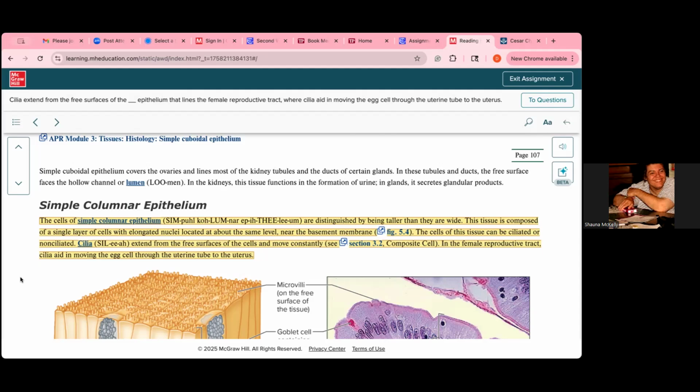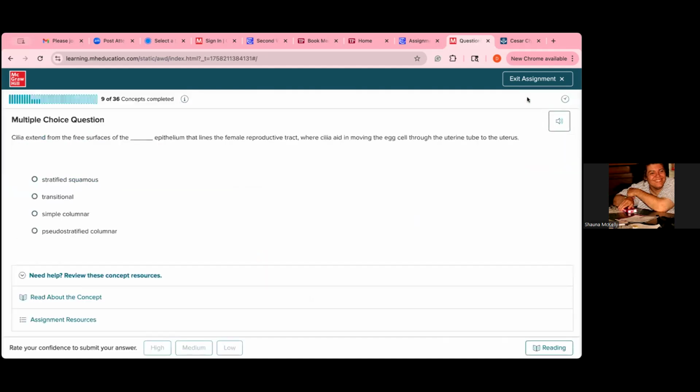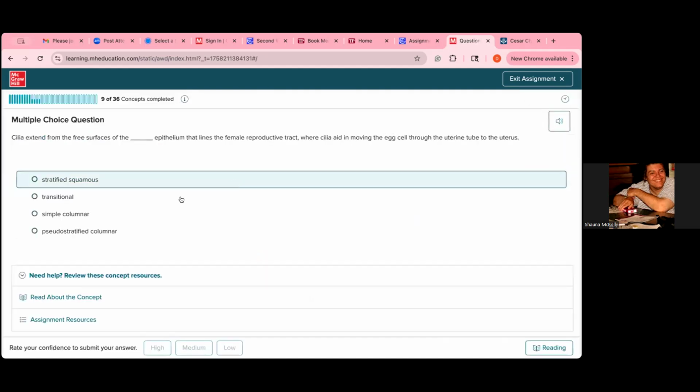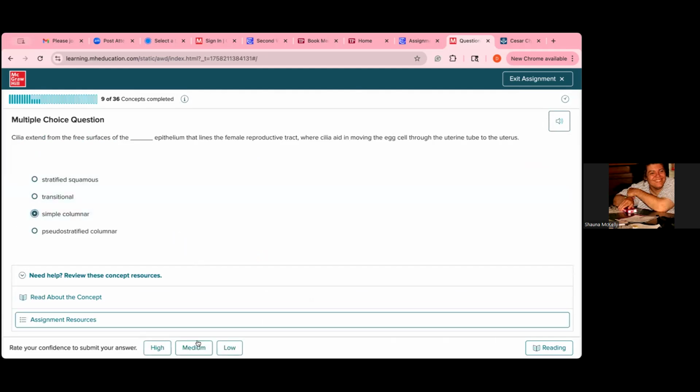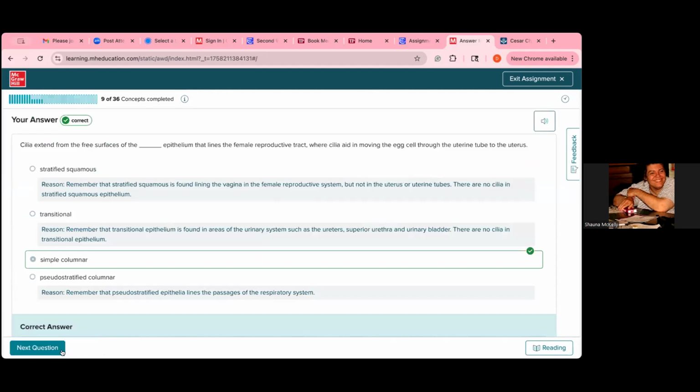So it's simple columnar epithelium. The answer to this question is simple columnar epithelium. Good job.